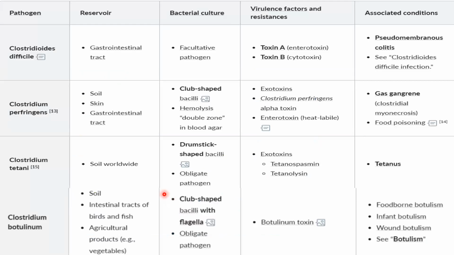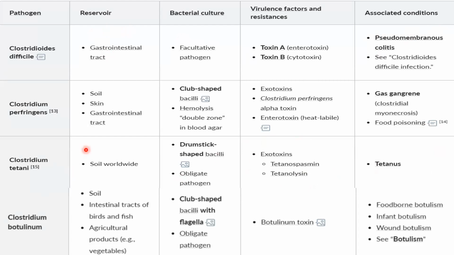Now this is a really nice summary from Ambas. Can you guys see the top of the screen or is it covered? I don't know. Oh, okay. So let's start with tetani. Tetani causes tetanus by the release of exotoxins.